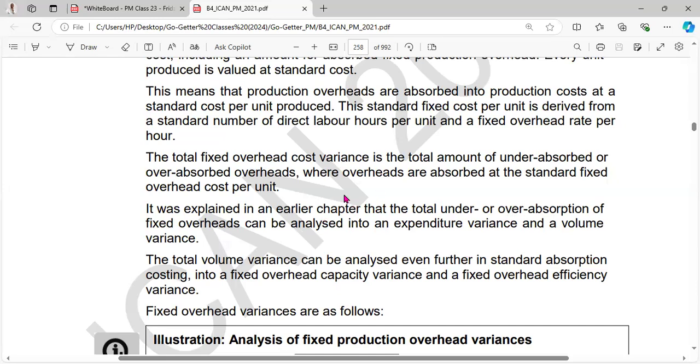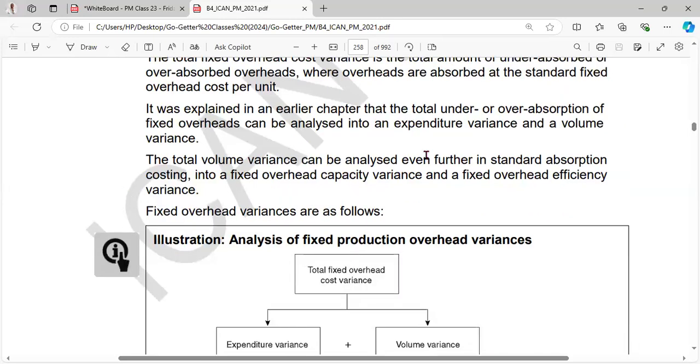It was explained in that chapter that the total under or over absorption can be analyzed into expenditure variance and volume variance. We'll be looking at them in a short while. The total volume variance can also be further analyzed into capacity and efficiency.